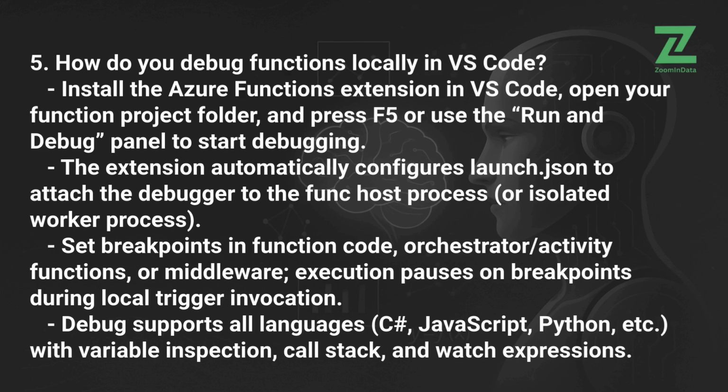Set breakpoints in function code, orchestrator, activity functions, or middleware. Execution pauses on breakpoints during local trigger invocation. Debug supports all languages, C#, JavaScript, Python, etc., with variable inspection, call stack, and watch expressions.